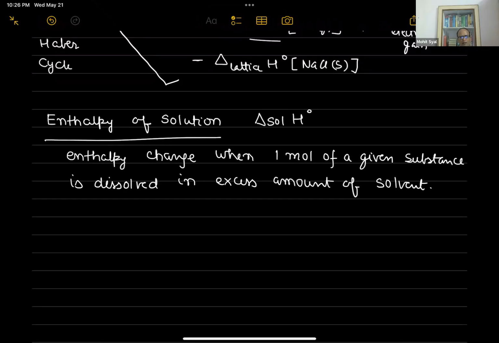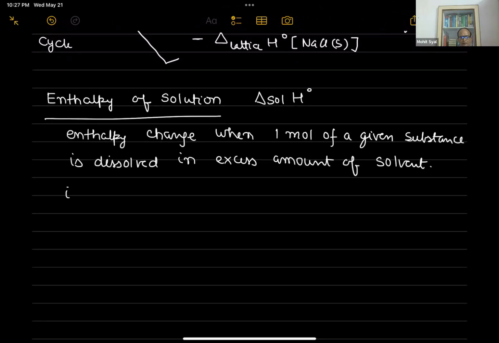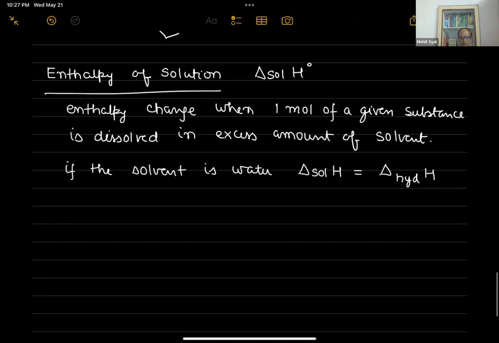If the solvent is water, then it is known as enthalpy of hydration. So enthalpy of solution is equal to enthalpy of hydration. Let's take a very common example.